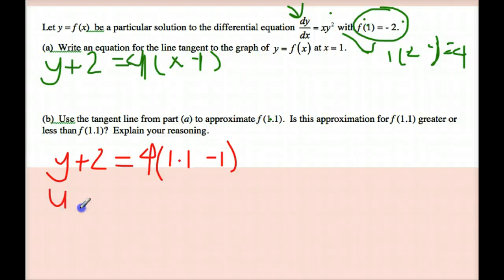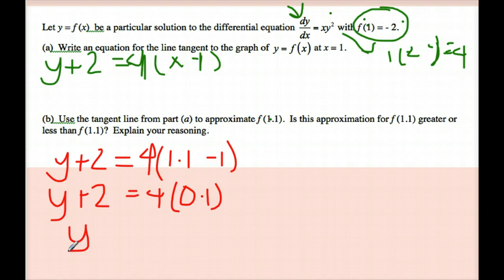That gives me y plus 2 is equal to 4 times 0.1, so y is equal to 0.4 minus 2, which gives me y is equal to negative 1.6. Okay, so this is my approximation.